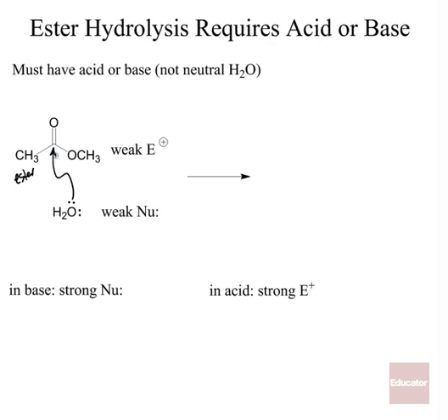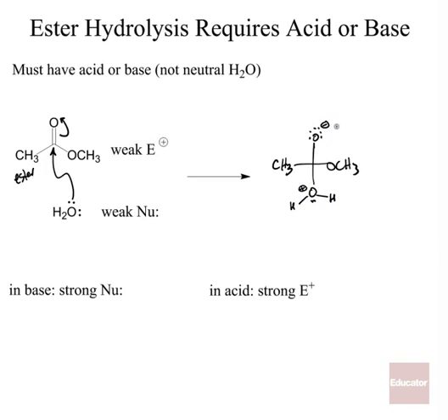If we tried that, let's try it. Just have neutral water attack a neutral ester. Look at what we get. I now have an O- up here, and down here I have an O+. That's when you know you've made a mistake in a mechanism.